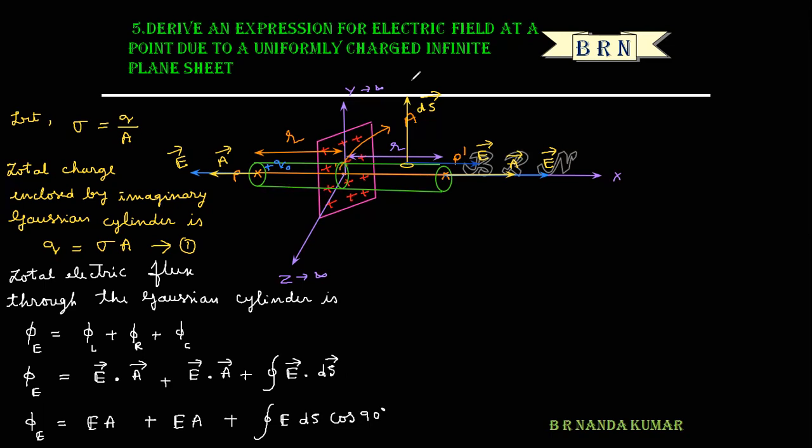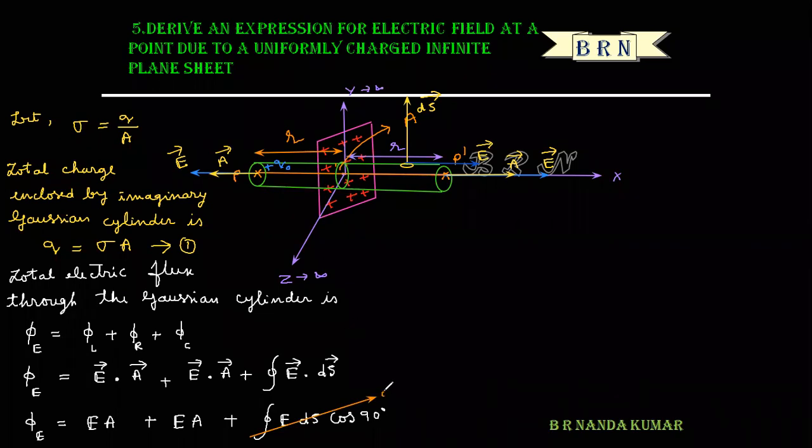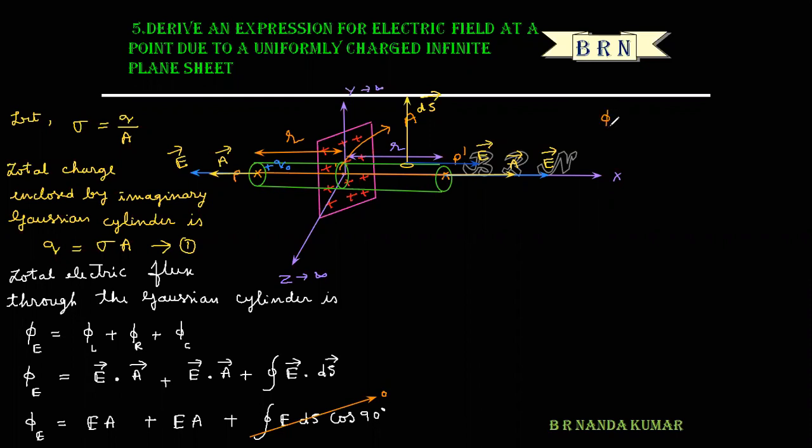Cos 90 is equal to 0. So this term goes to 0, right? Then the total electric flux is EA plus EA plus 0. So the total electric flux is equal to EA plus EA, that is 2 times EA.